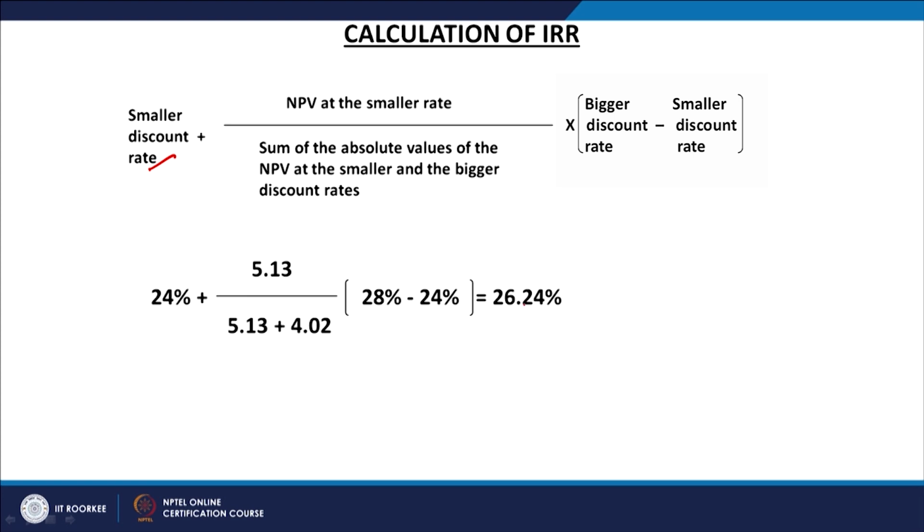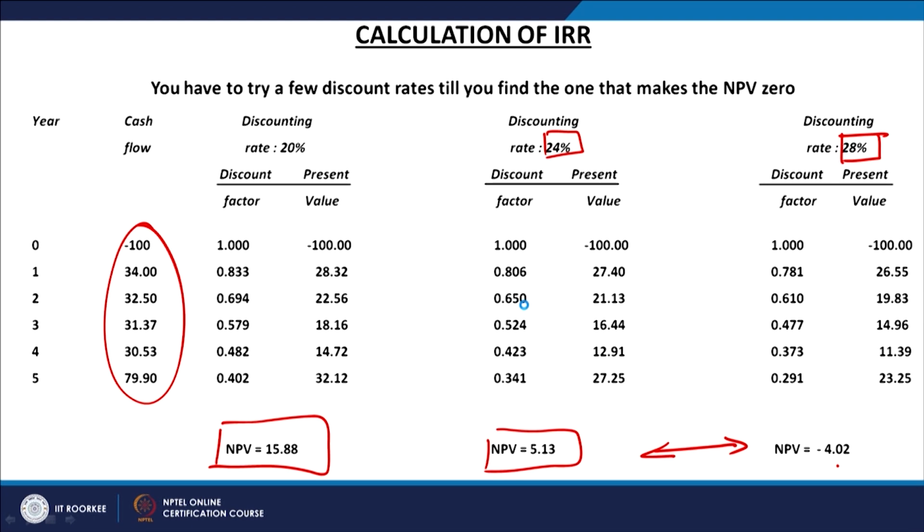The value comes up as 2.24, so 24 plus 2.24. It means the total interest rate which comes up here is 26.24%. If you use 26.24% for discounting all these cash inflows and compare them with the present values of the cash outflows, the NPV will certainly be 0.